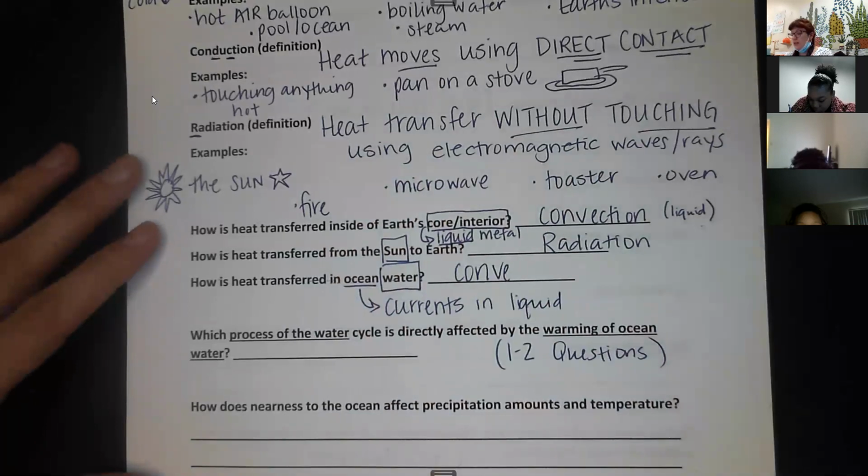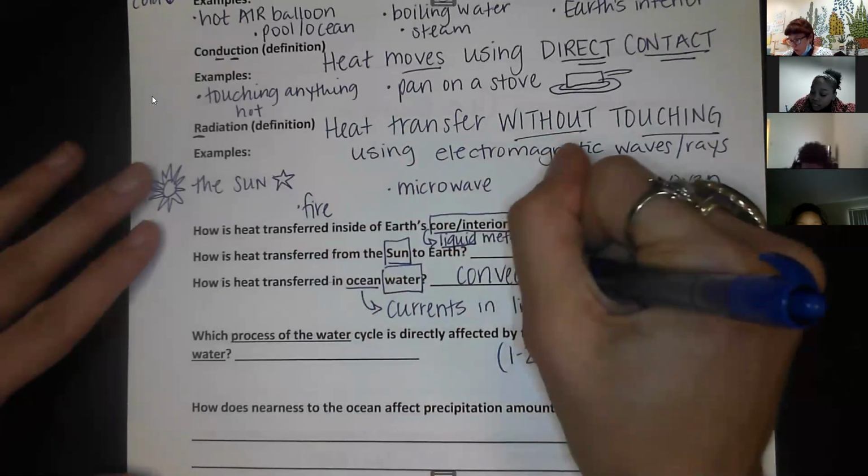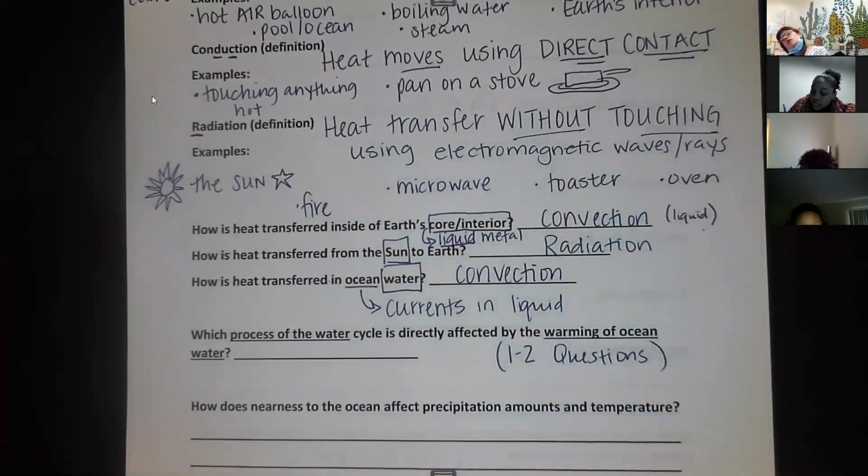That has to do with density and wind, but we also know that heat is transferred in liquids using convection. Again, the same reason why you get deceived when you go to the pool and you get your toesies in the top and you're like, oh, that's not so bad. And then you jump in and you're like, oh my gosh, that was so cold. The deeper you go down, that's happened to me.